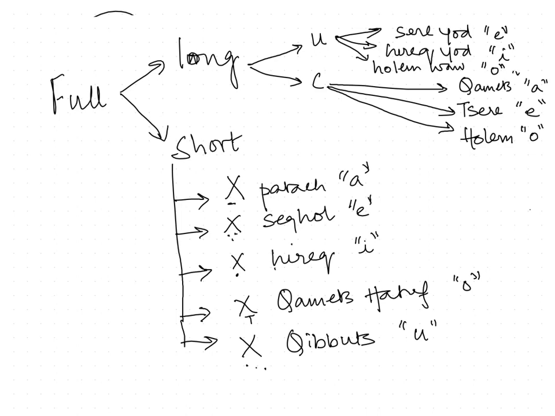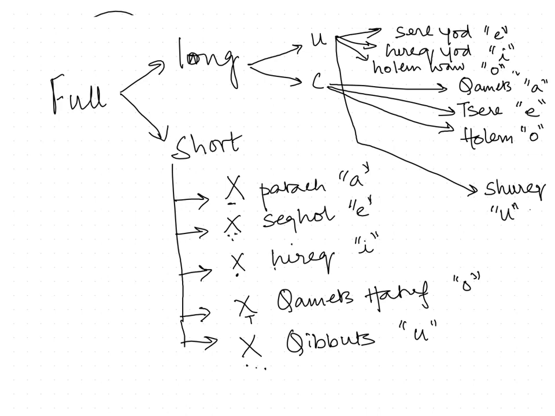What about the U category? I have one, and I don't think I have space, so I'll just bring that here. That is the shurek, which is an unchangeable long for the U category, and it's pronounced as a U.